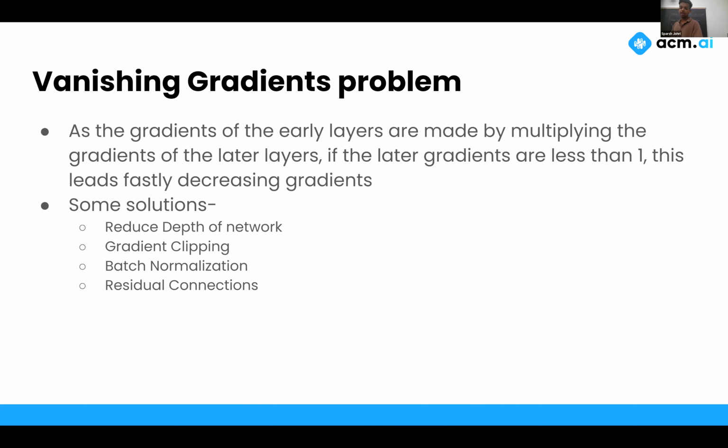So now to come to a different problem that's very related to regularization, but has a little bit of a difference: the vanishing gradient problem. This is when your gradients, as you propagate back through your neural network, vanish; they become zero.